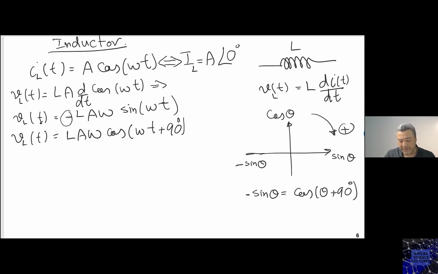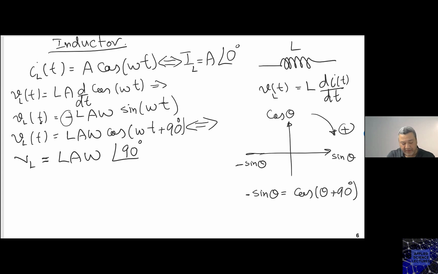Now, if I want to go phasor here, then this VL, always remember that you make it capital in phasor and you remove the t. You are not in time domain anymore, so you remove the t. One of the common mistakes that I have seen during all those years is that some of the students will still keep the t. So VL equals L A omega, and the phase offset here would be 90 degrees.